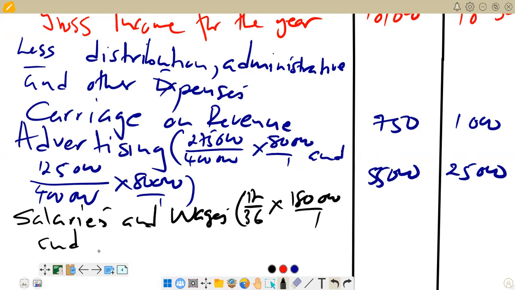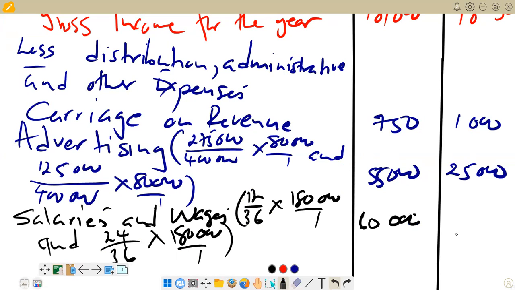And on the second part, we said 24 divided by 36, then we multiply by 180,000 over 1. On the first part, the answer that we got was 60,000, and on the second part, the answer that we got is 120,000. So this is what we have.